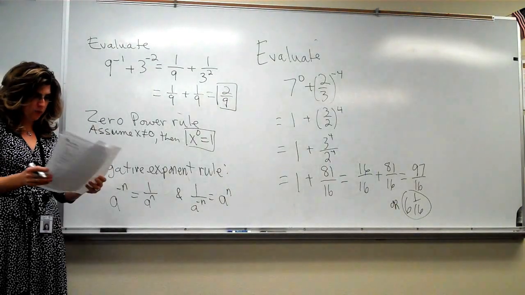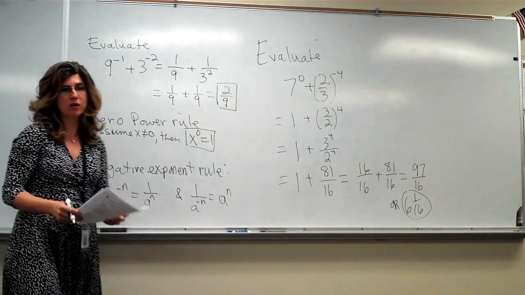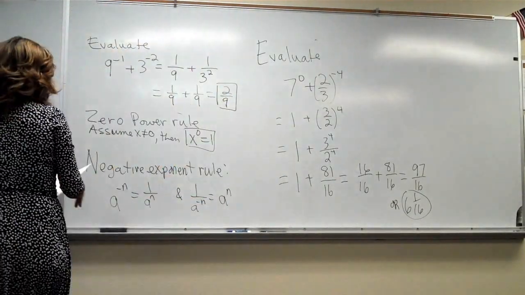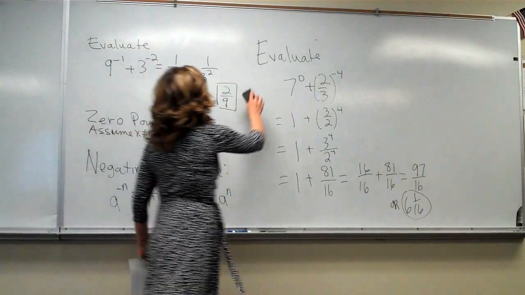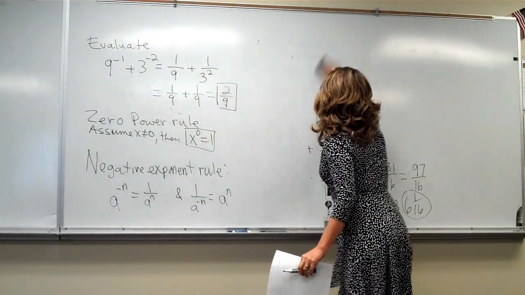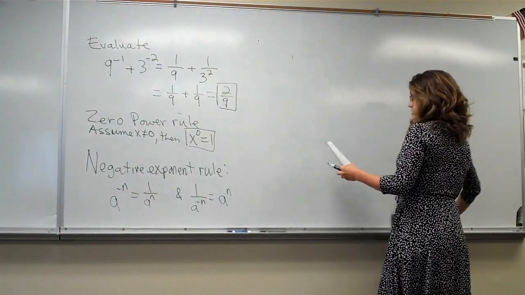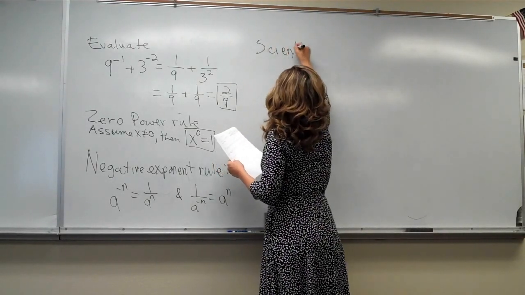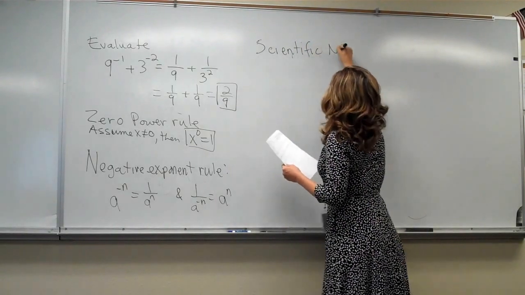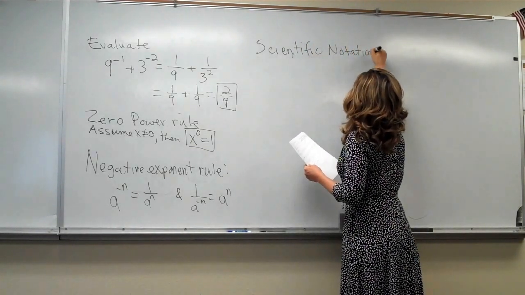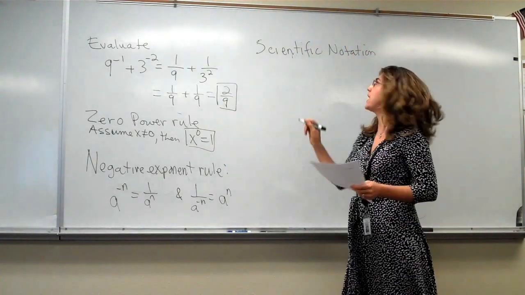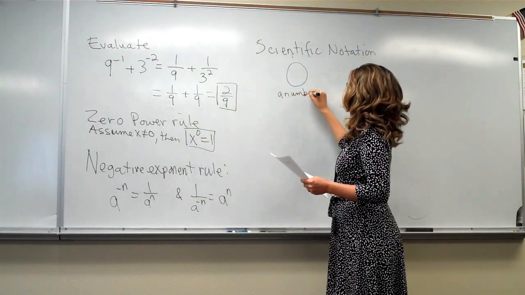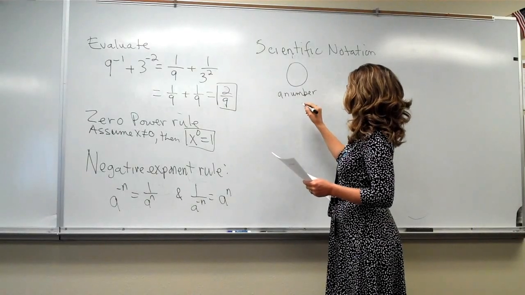There's another example where we use exponents a lot, and that is scientific notation. There are several different types of scientific notation problems. So the main thing when we have a number in scientific notation is that we want to have a number here, and the number has to be, let's call it n.